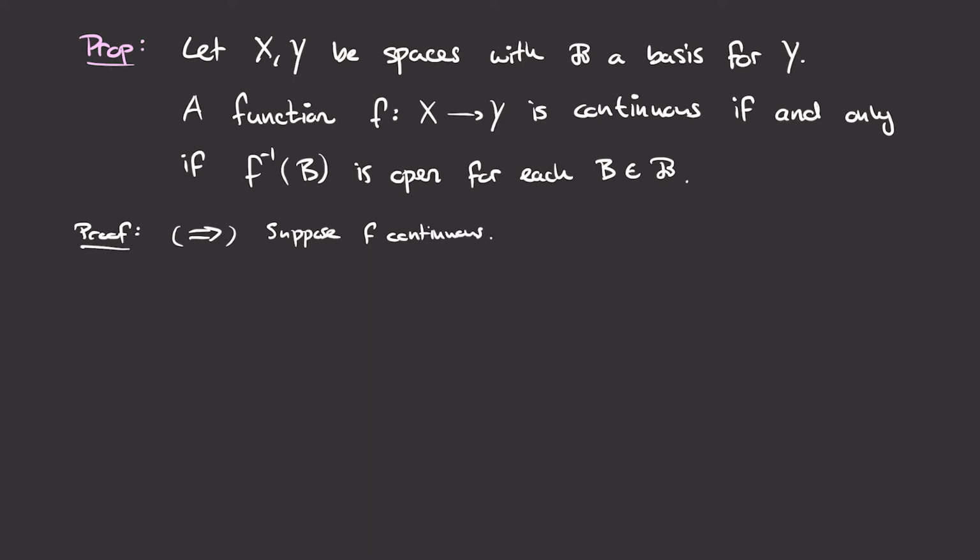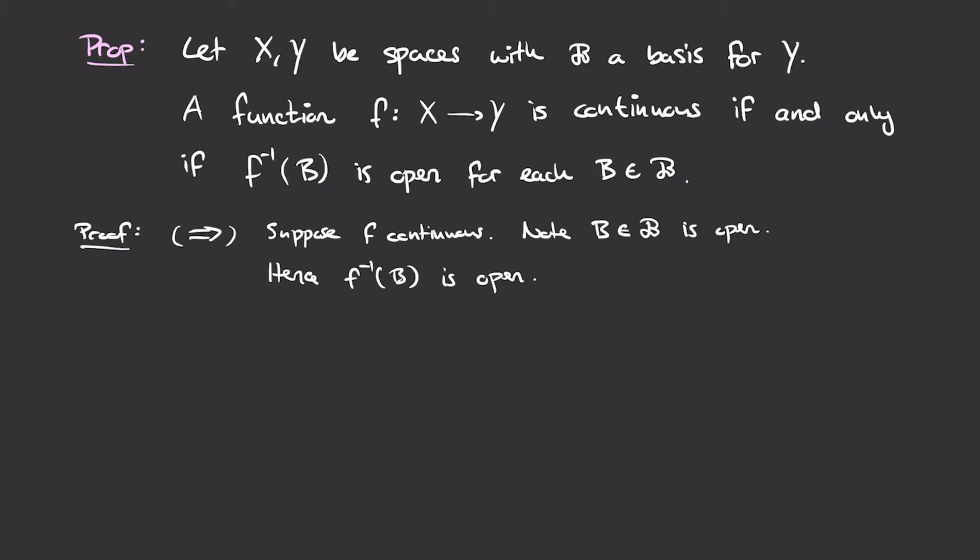Well, by definition, this means that for any open set in Y, the preimage of that open set is going to be open in X. And well, now we just note that any element B of the basis is open, and hence also its preimage under this continuous function f is going to be open. That's just because that's how continuity is defined.